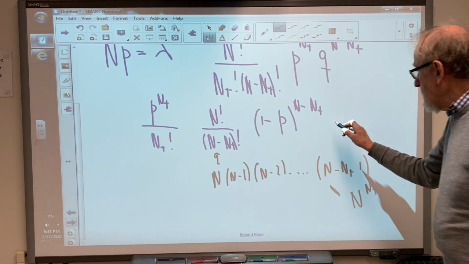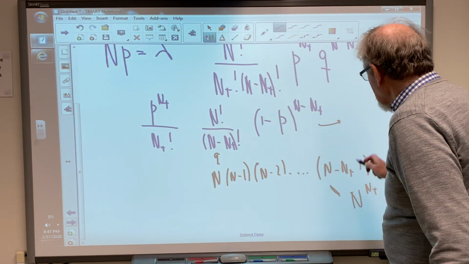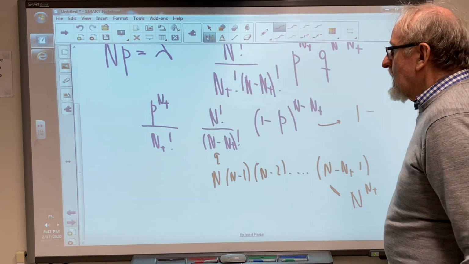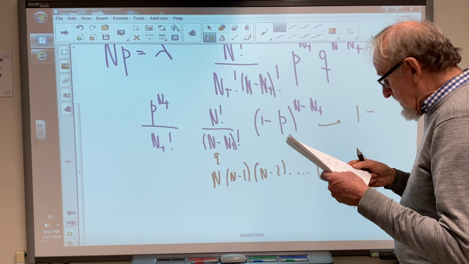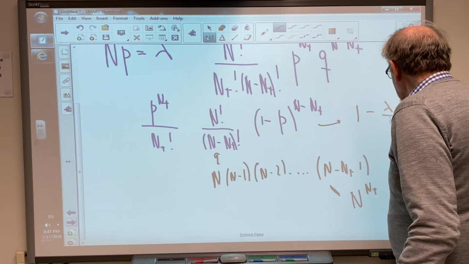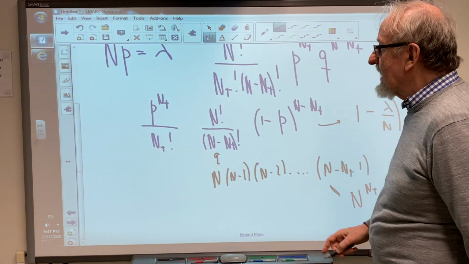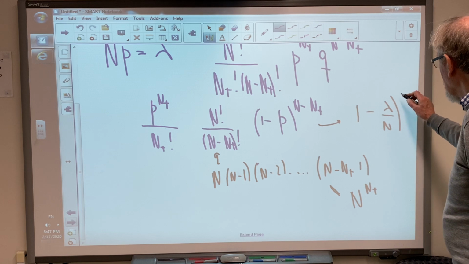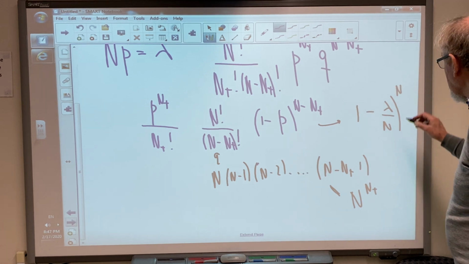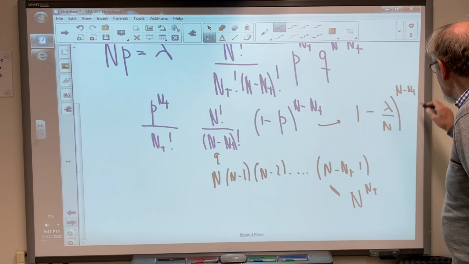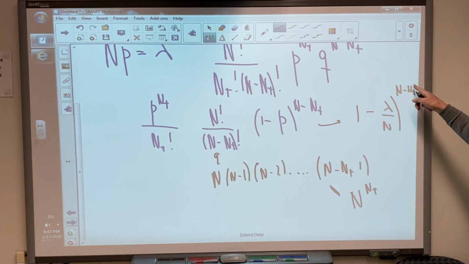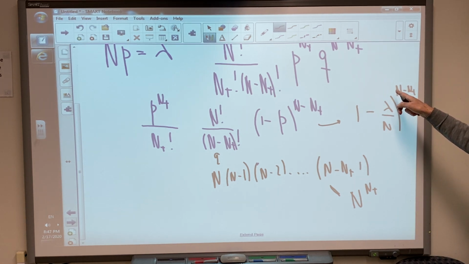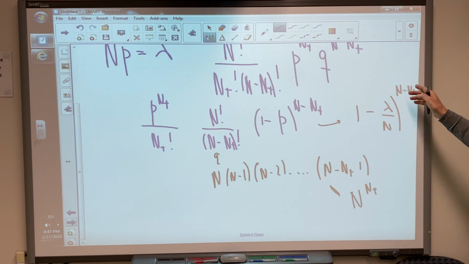And for this number, there is another approximation that you will agree is quite precise. p is lambda over n. Remember I said that n times p is the number lambda. So this is 1 minus lambda over n to the power n minus n plus, where again, this number is almost n. This is 10 to the 22, and this is a much, much smaller number.